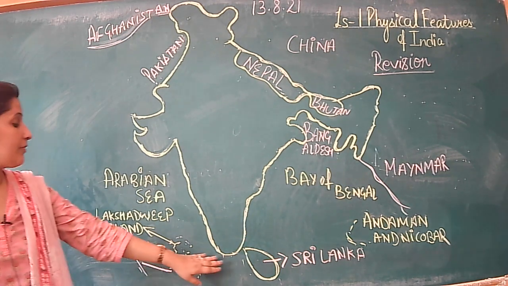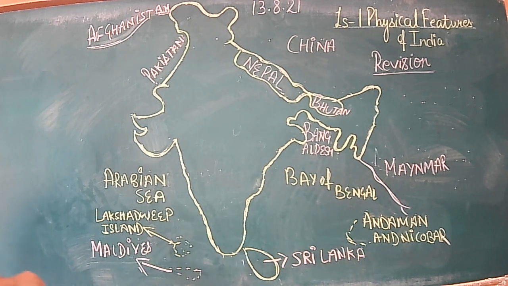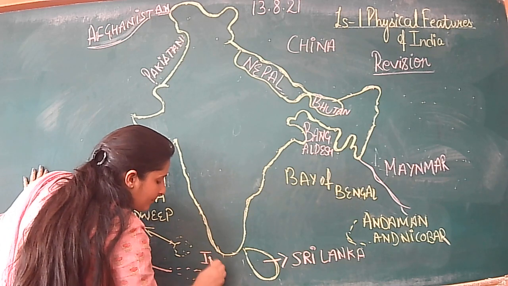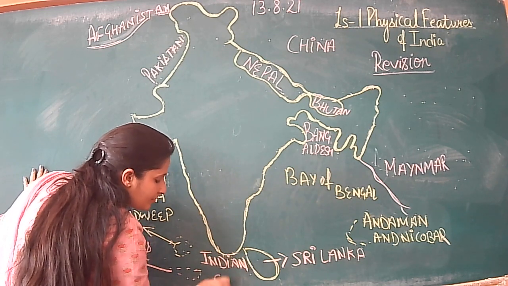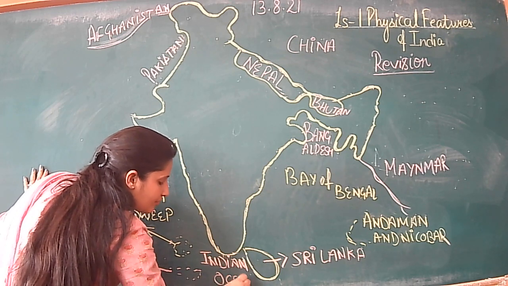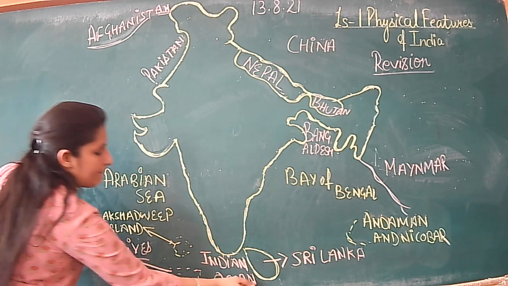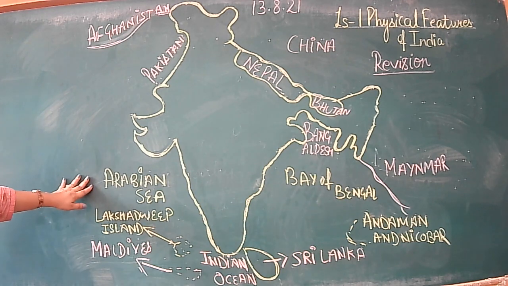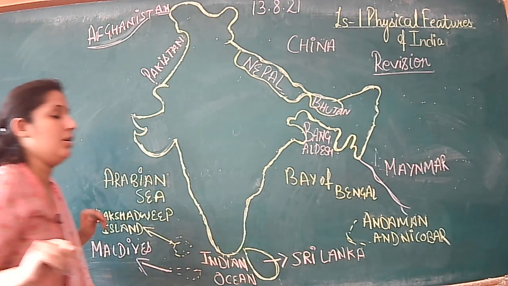Next, we have the third water body, that's in the south direction. That's Indian Ocean. So that's Indian Ocean. In the south, the water body we have is Indian Ocean. In the west, we have Arabian Sea, and in the east, we have Bay of Bengal.